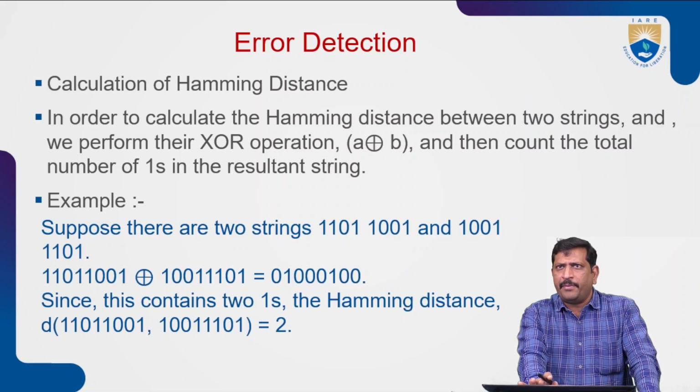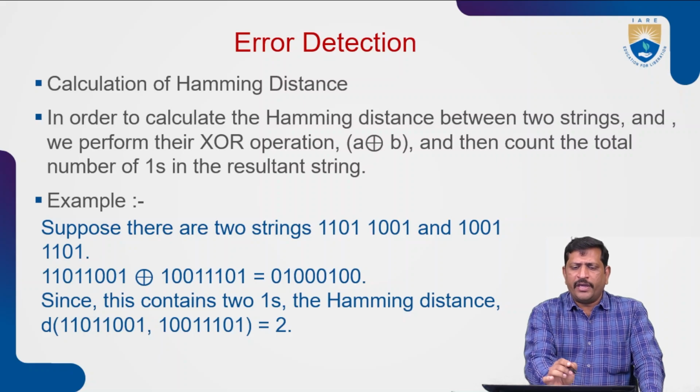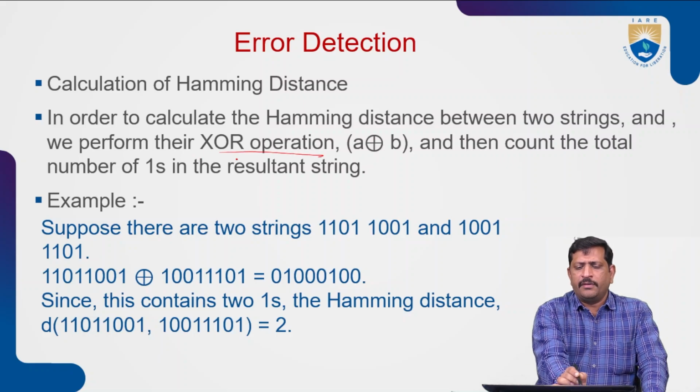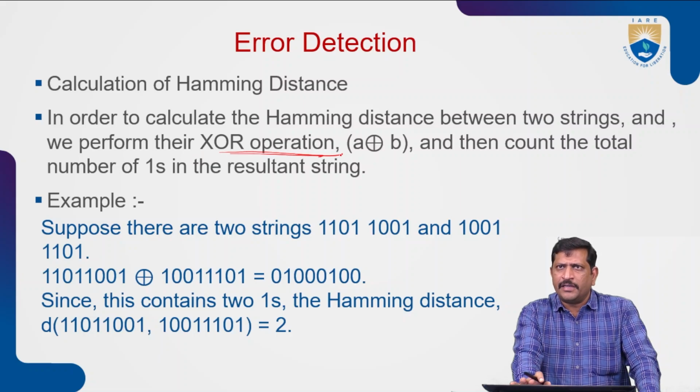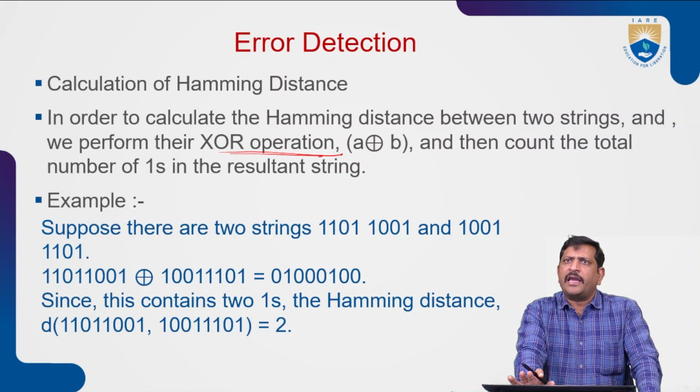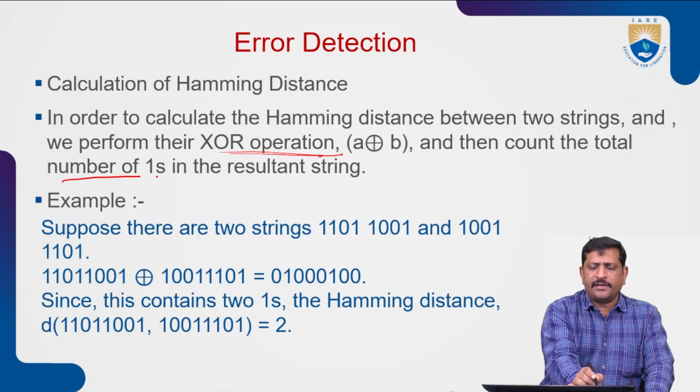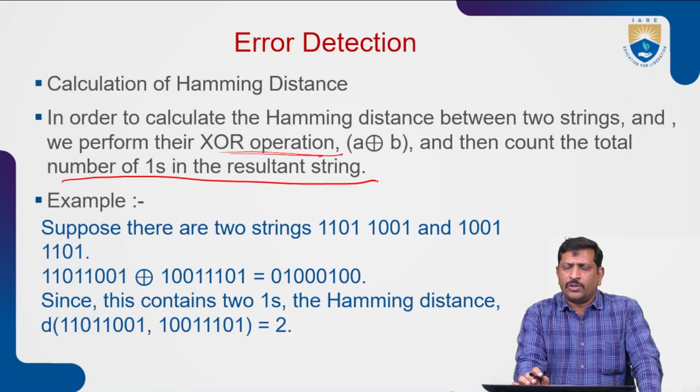Generally, to calculate the Hamming distance between the two strings A and B, we perform the XOR operation. By performing the XOR operation, the Hamming distance can be calculated by counting the total number of ones in the resulting string. So the total number of ones in the resulting string gives the Hamming distance.